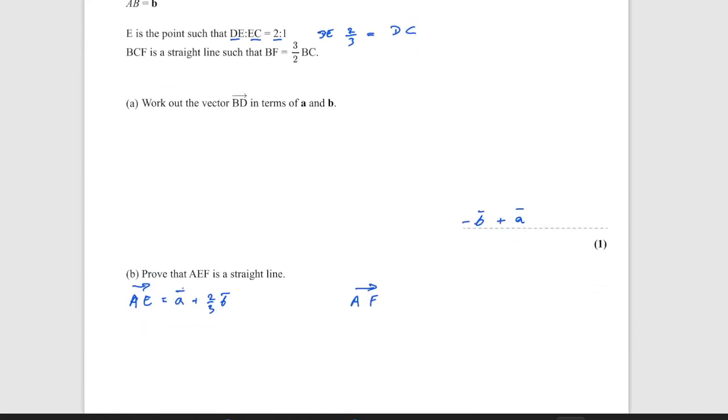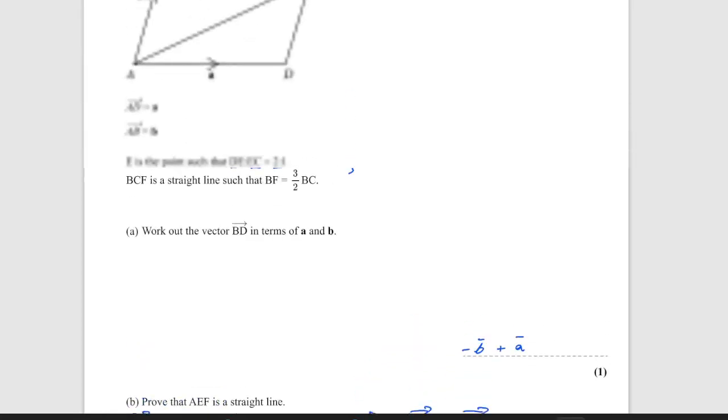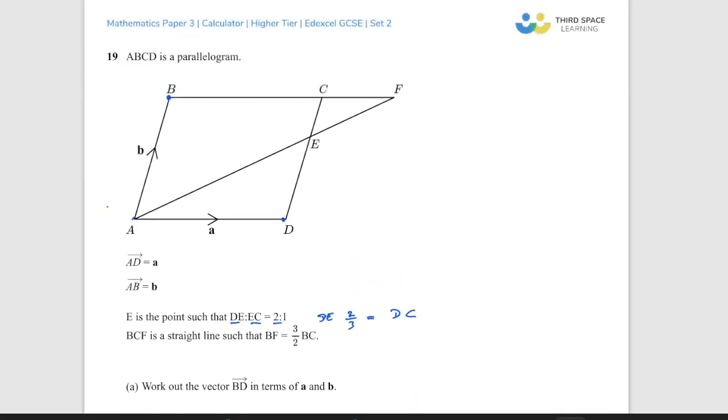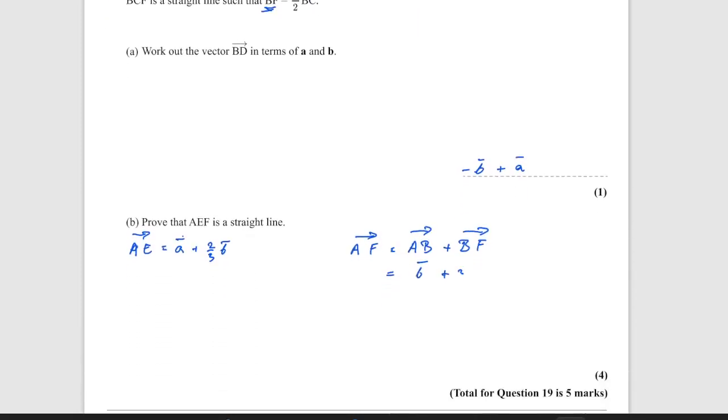So A to F, I'm going to describe as A to B plus B to F. So A to B is just B plus B to F, and B to F is 1.5 B to C, so 1.5 or 3 over 2 times A.